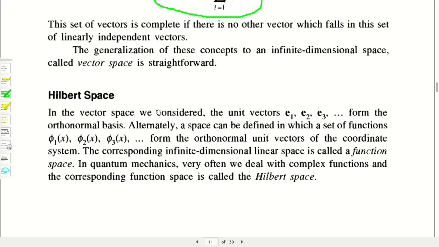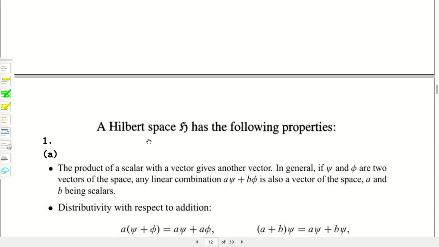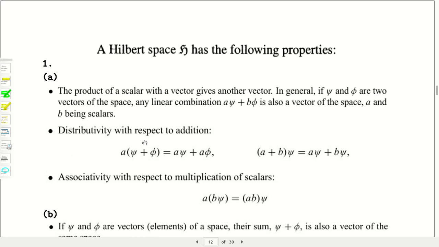Okay, so we are going to talk now on the theory of quantum mechanics, on the methodology of quantum mechanics, in the Hilbert space. In the Hilbert space there are some other properties also. Any two vectors of the space are phi and psi. Here you should be aware of the fact that vector means function.